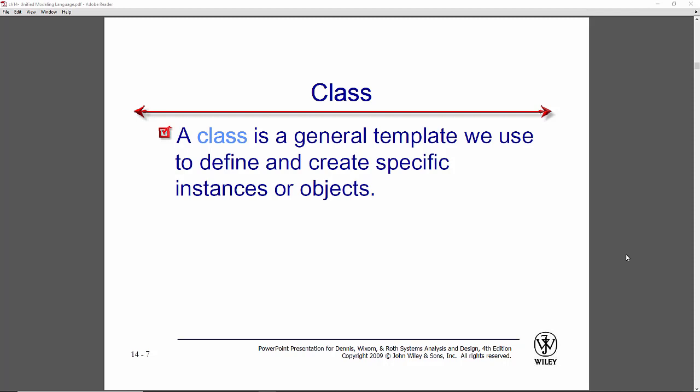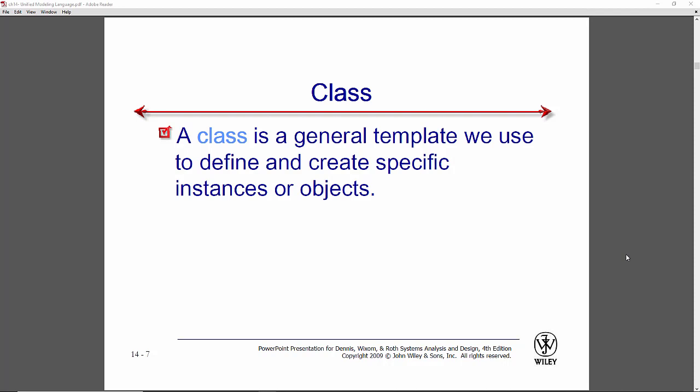So let's continue talking about important object-oriented concepts as a precursor to introducing the Unified Modeling Language, UML. Well, we showed you in the last video a class is just a general template we use to define and create specific instances or objects. Classes are often described as object factories.